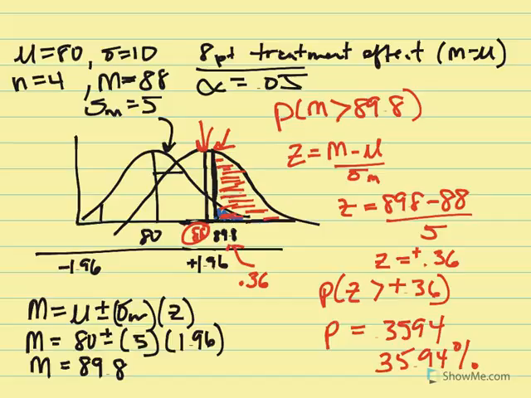Now, this makes sense. The sample size of 4 is not representative of a population, so it would be very hard to draw significant statistical conclusions given such a small sample. It makes sense that it should be harder to reject the null hypothesis when we have such a small sample.